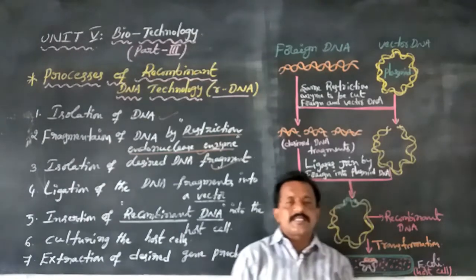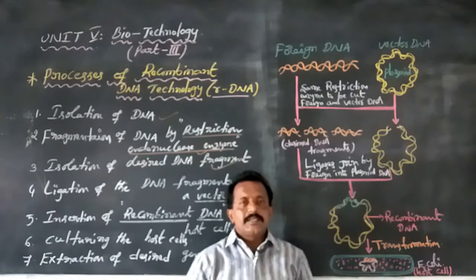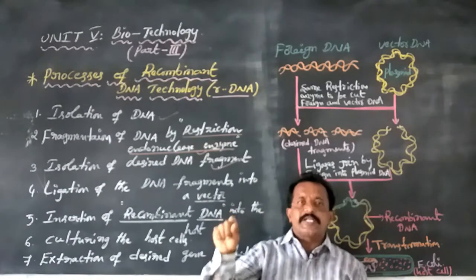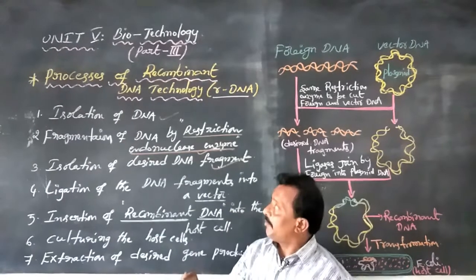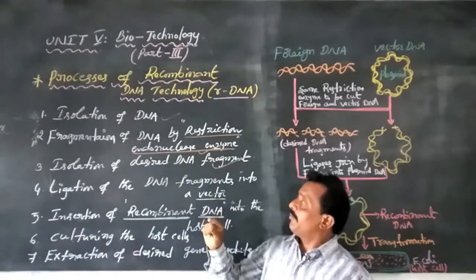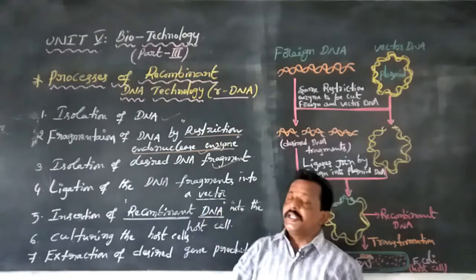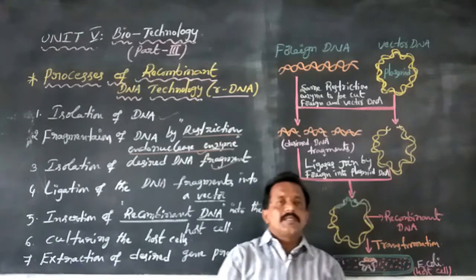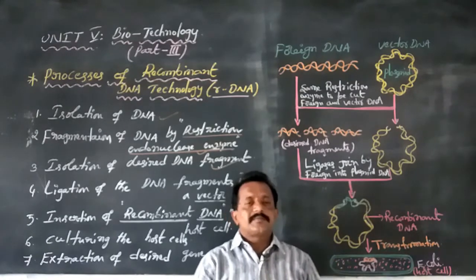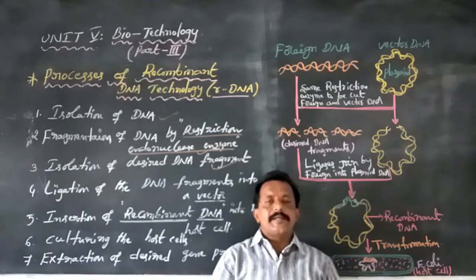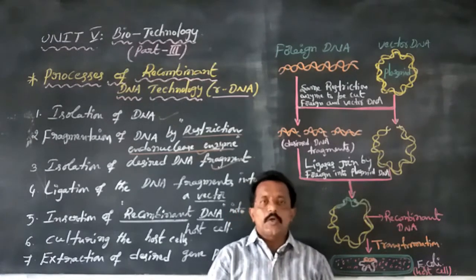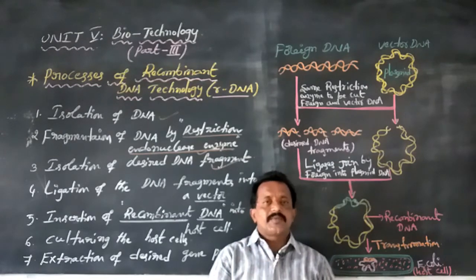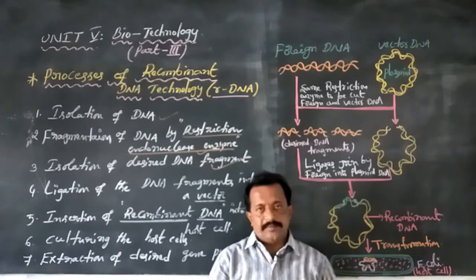In previous classes we discussed in detail the isolation of DNA, fragmentation of DNA, and isolation of desired DNA fragments. Several desired DNA fragments will be separated through agarose gel electrophoresis and PCR cycle.